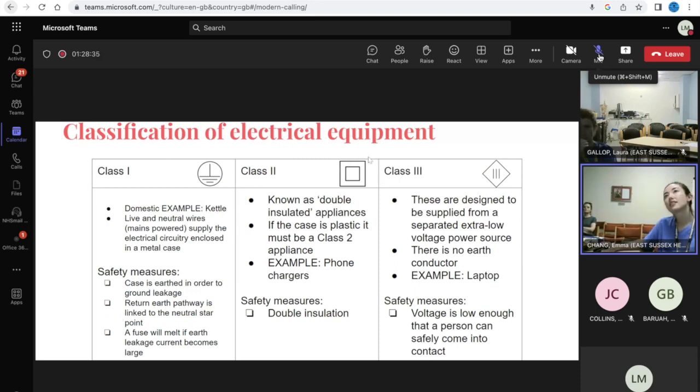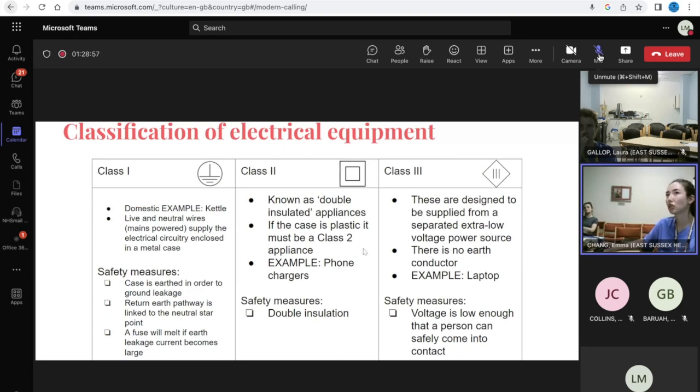Class 2 has this double box symbol, which is quite easy to remember because it's also known as double insulated appliances. An example of this would be a phone charger. If the case is plastic, it's likely to be a class 2 appliance. The double insulation reduces the chance of you electrocuting yourself.